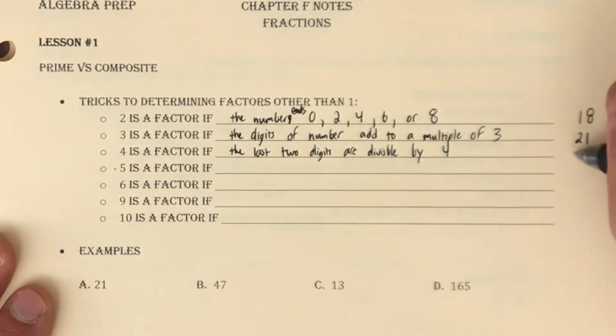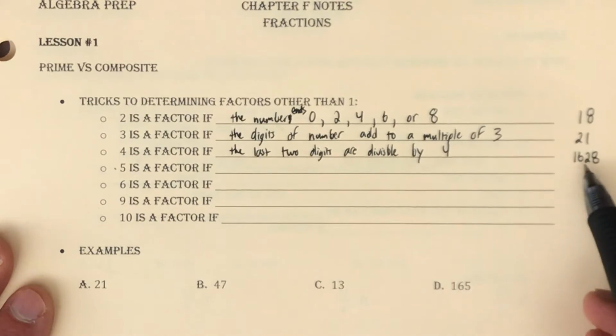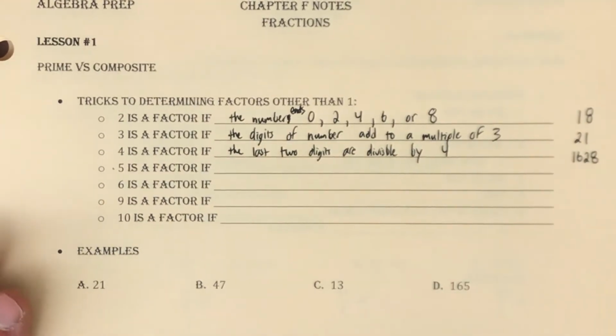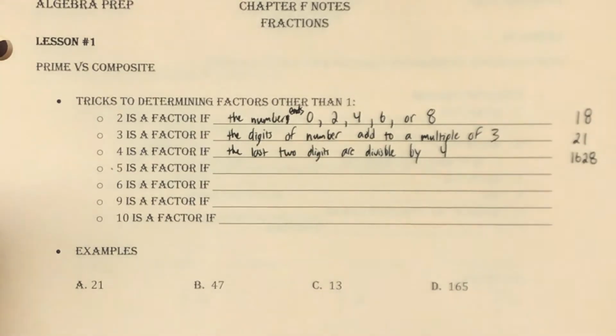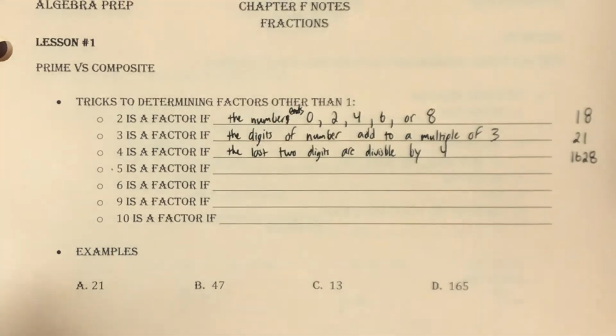So like numbers like 1628, right? I know that 4 goes evenly into 28, so that means that it's going to be divisible by 4. It really wouldn't matter if 4 went evenly into 16, which it does, but if it didn't, that's okay. I know that it goes evenly into 28, and because the last 2 digits are divisible by 4, then that means that 4 is going to be a factor.